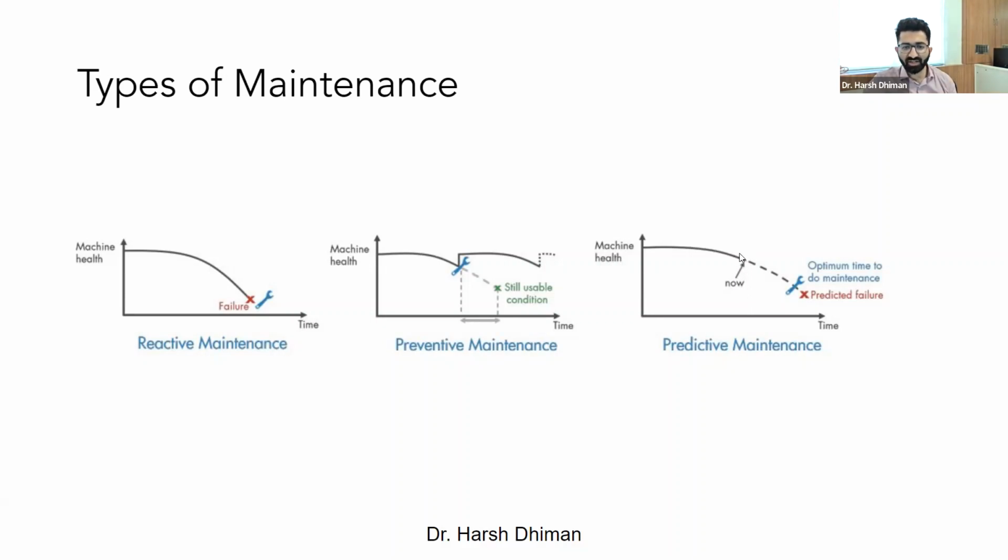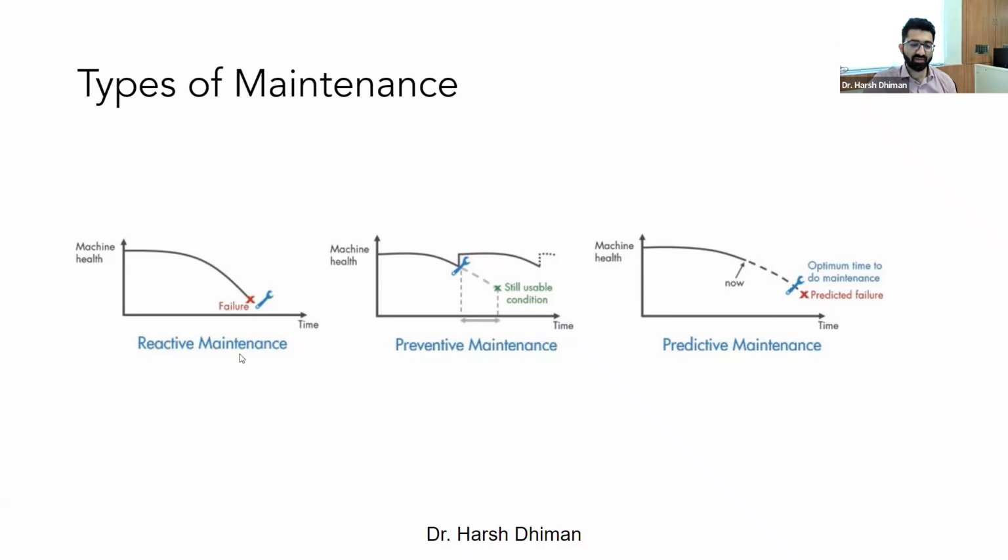Whatever is the current health of your machine, based on that information, you are likely to project a trend. Whether that trend goes upward or downward is dependent on the current state of your machine. So you come to know in advance when your machine is going to fail.